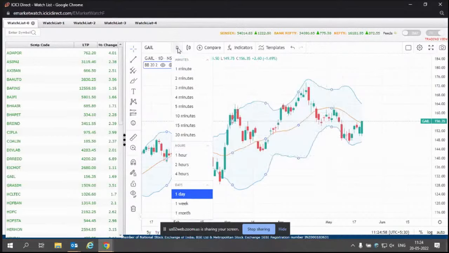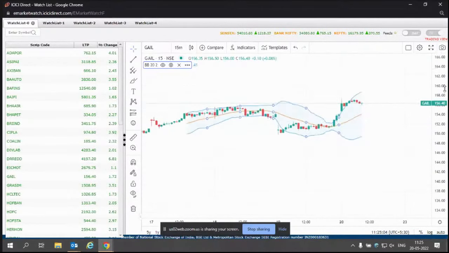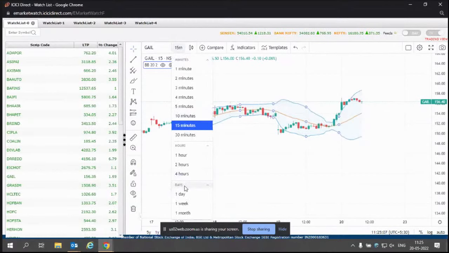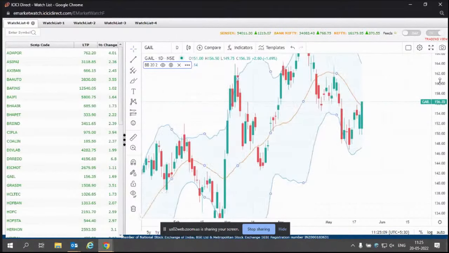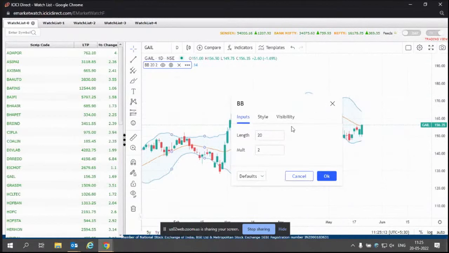If you are a swing or a positional trader, then your Bollinger Band should be on the daily as well as the weekly time frame. The measurement goes to two standard deviations, about 95%, above and below the 20-day moving average. So this is how the Bollinger Band works out.